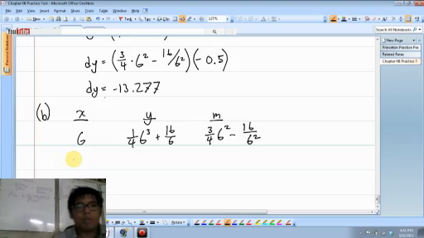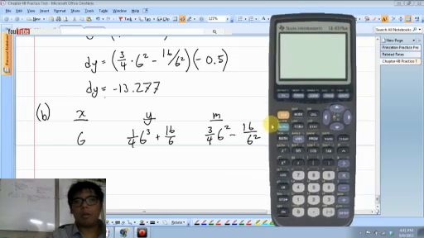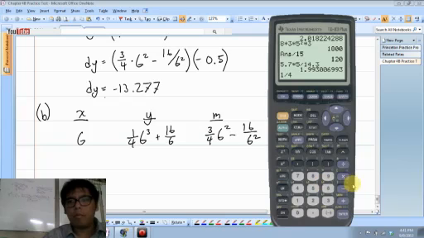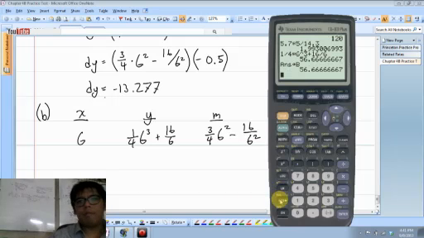Let's get these numbers. The first one, 1/4 times 6 cubed plus 16 over 6. Notice my old calculator doesn't have nice pretty print. Let's store that as b. 56.666.